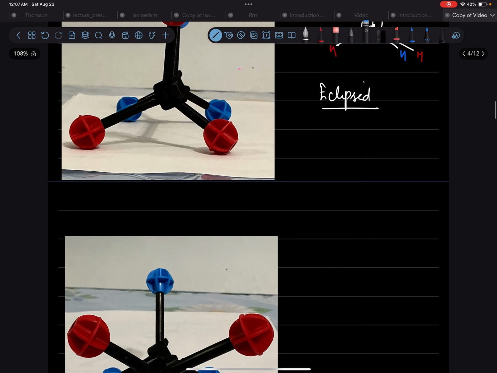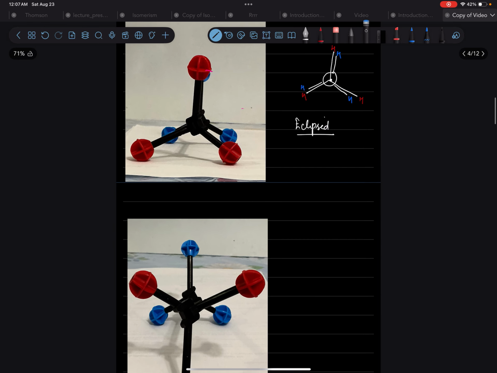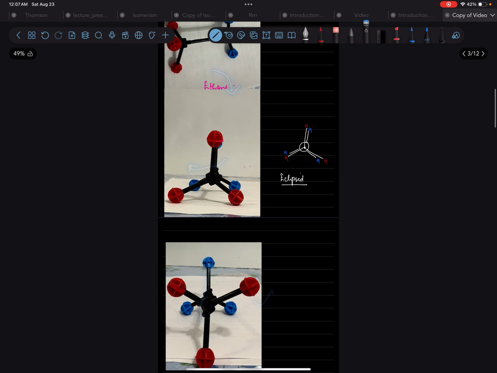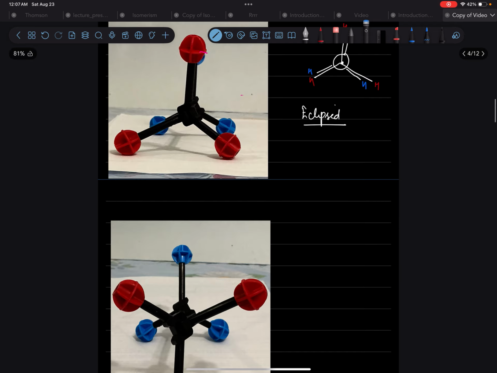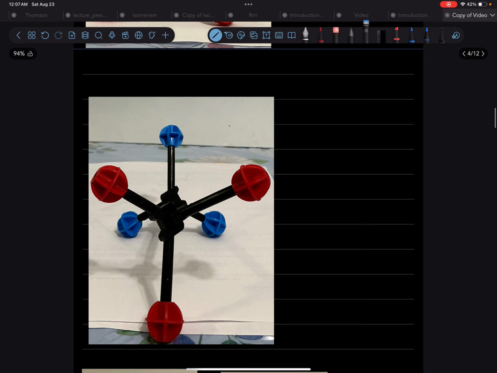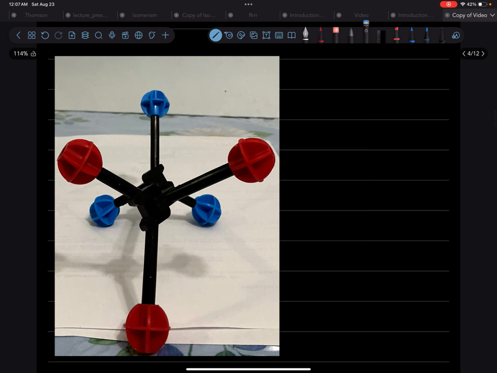So if I minimize this, so this will come here, which I can see. This will go here, which I'm seeing here, right? And this will come here, which I'm seeing here. So this conformation or this spatial arrangement is called staggered conformation. Back carbon, front carbon.